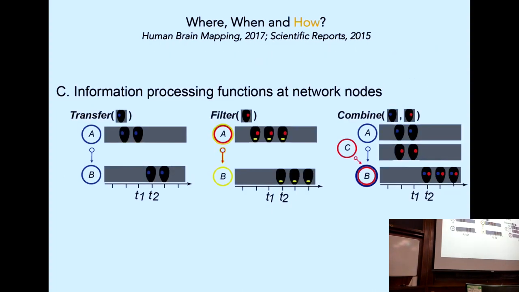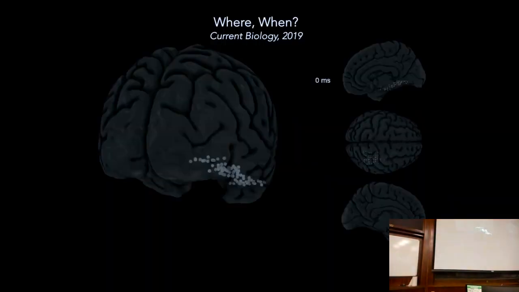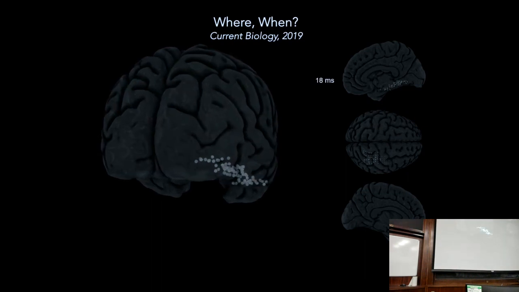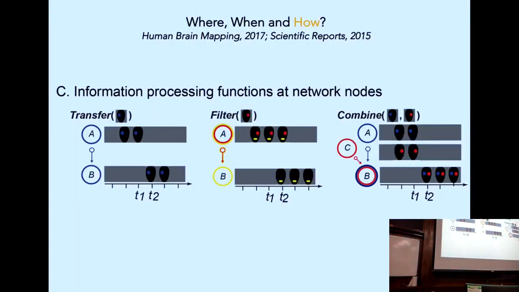Okay, so why is this important? Well, because if you see that a given brain region, sorry, this thing is not for me. Okay. When you see that a given brain region represents two features, but then only sends one to another region, you know that something has been filtered out or reduced.